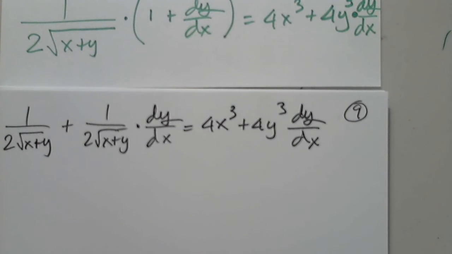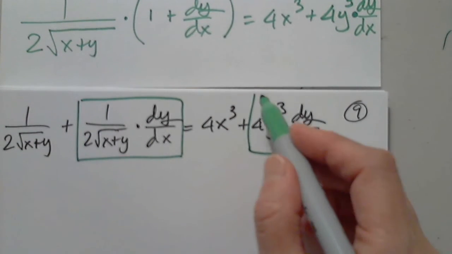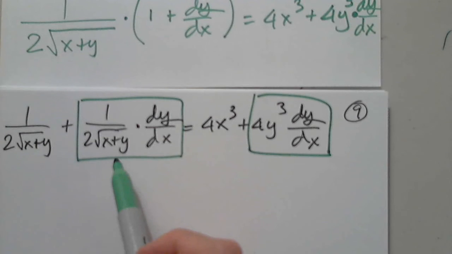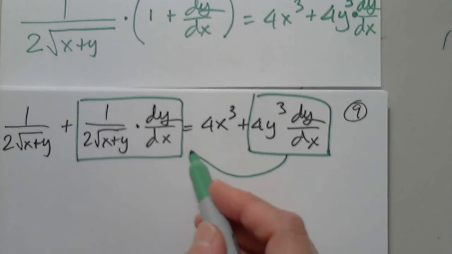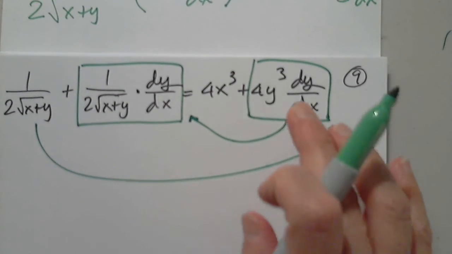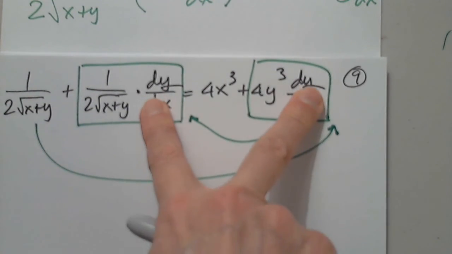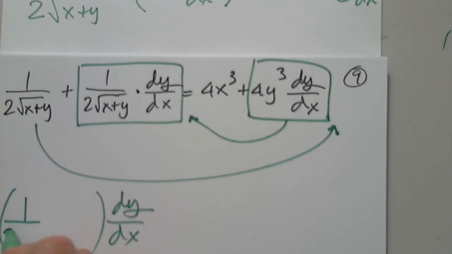Only now I realize that there are two terms that have the variable. This and this. It doesn't matter now. I can move this one here and then move this one here. And when I move this here, I already factor out dy over dx. This stays as is.